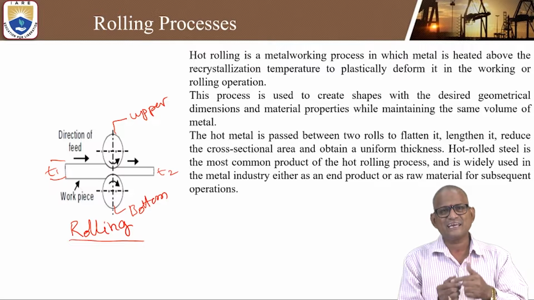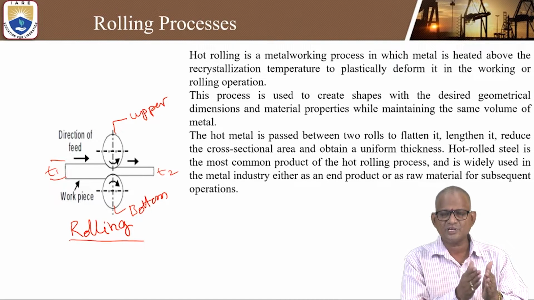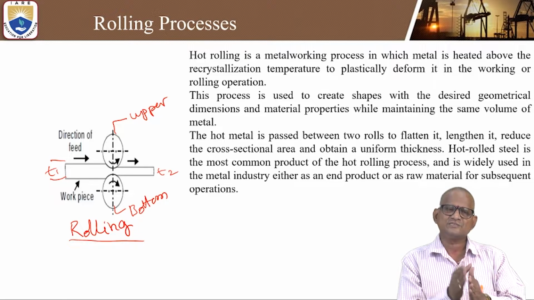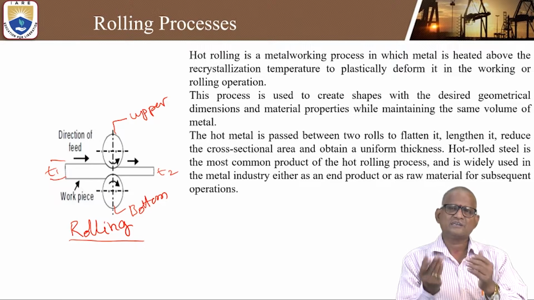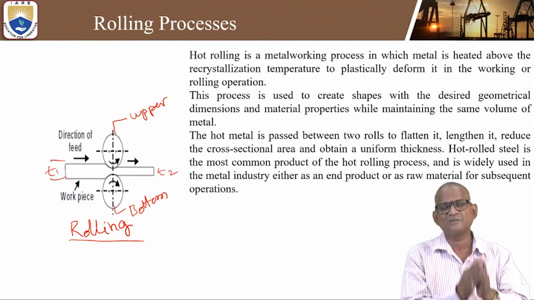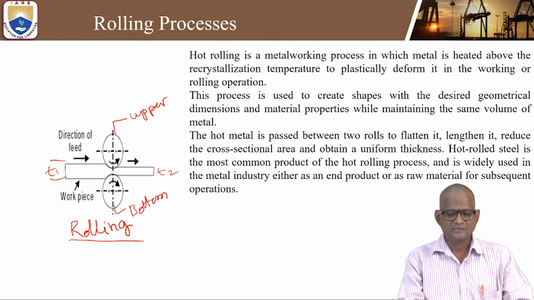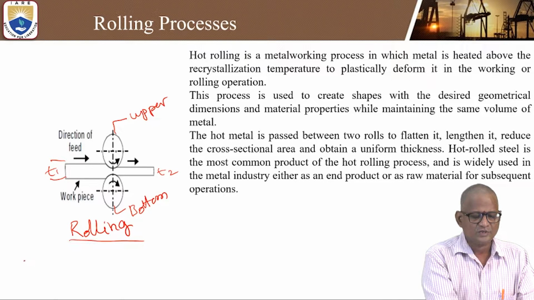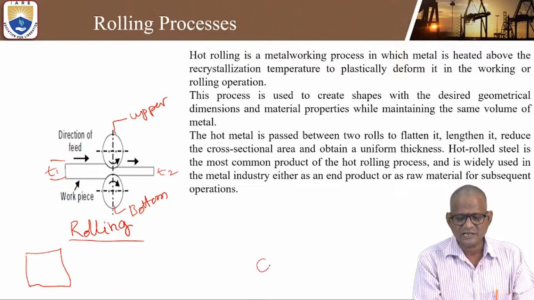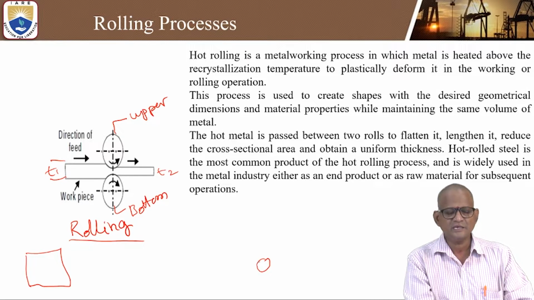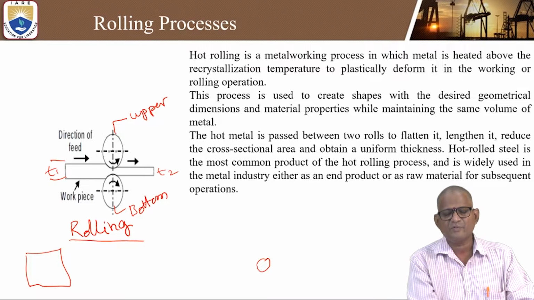Even one pass cannot change the thickness much; it will take several passes, more than 5, 10, or 20 passes. A square can become a circular section. For example, if you take one square rod, how do we convert it into a circular rod? By applying pressure or compressive force, with a number of passes.